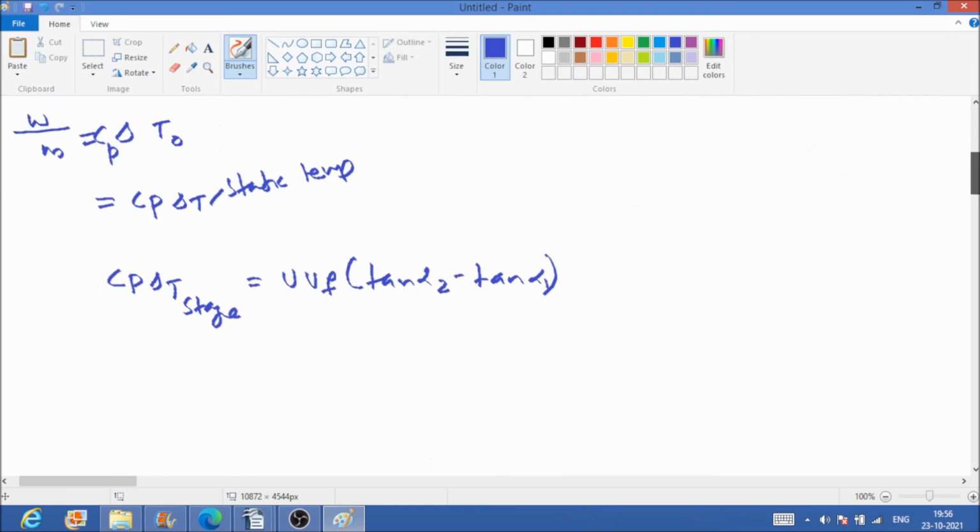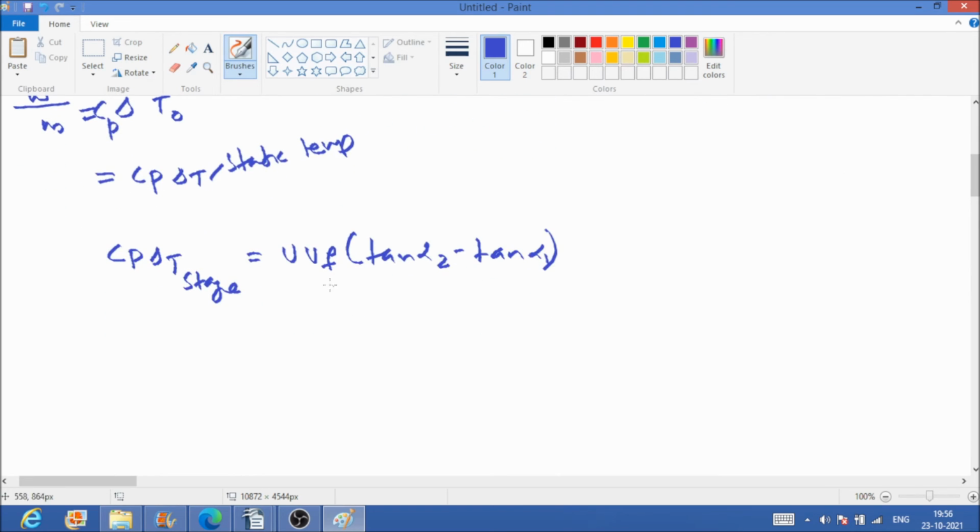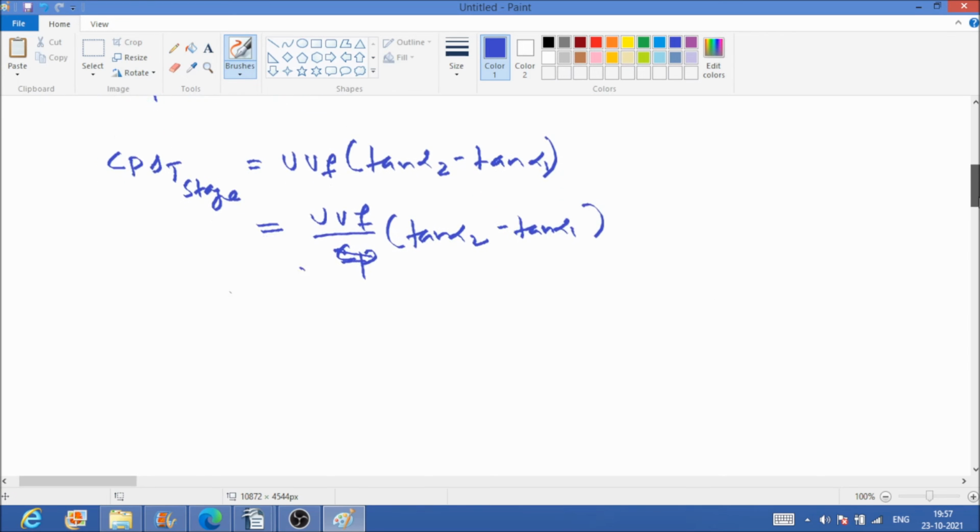We have already found the expression for Cp delta T stage, equal to U Vf into tan alpha 2 minus tan alpha 1, and delta T stage is U Vf by Cp into tan alpha 2 minus tan alpha 1, or else I can keep the Cp there only, because in the other expression also Cp will come.